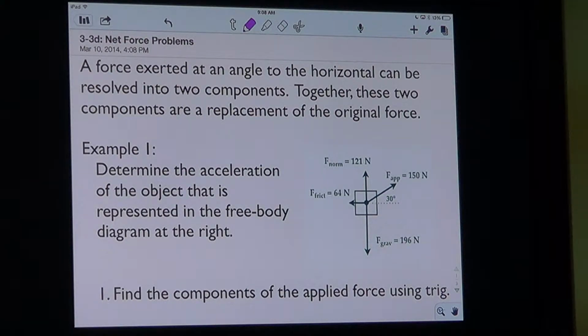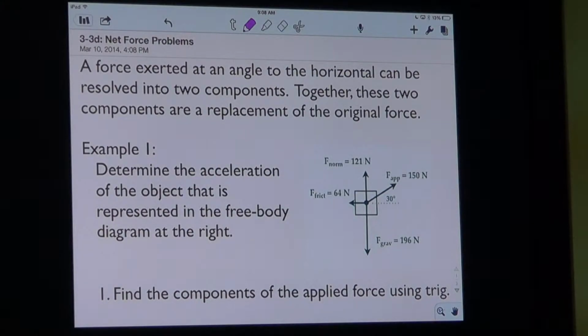So, a force that's exerted at an angle to the horizontal can also be resolved into its components. We were doing that last night with the tension force, putting it into the X and Y components, or mainly just the Y ones we were concerned with.